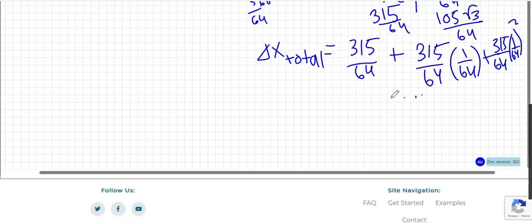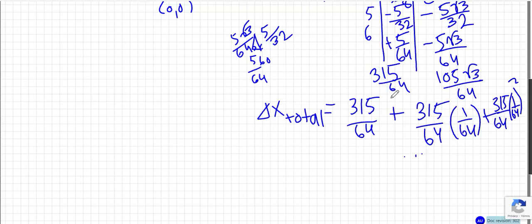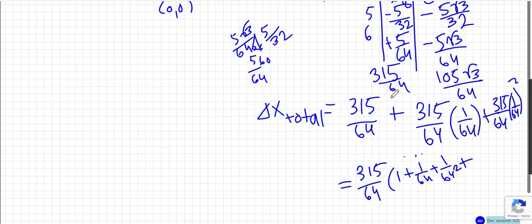So we can just factor out the 315/64 and then get 1 plus 1/64 plus 1/64 squared plus 1/64 cubed, and so on. And this I know is equal to 64/63.